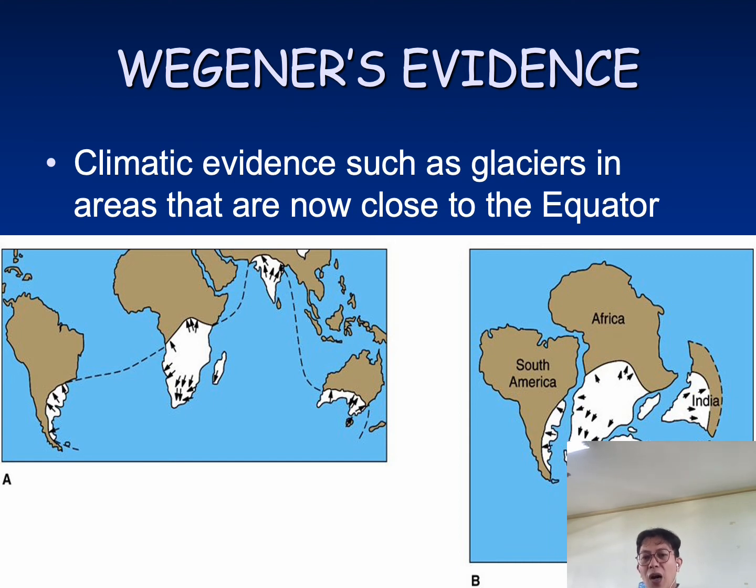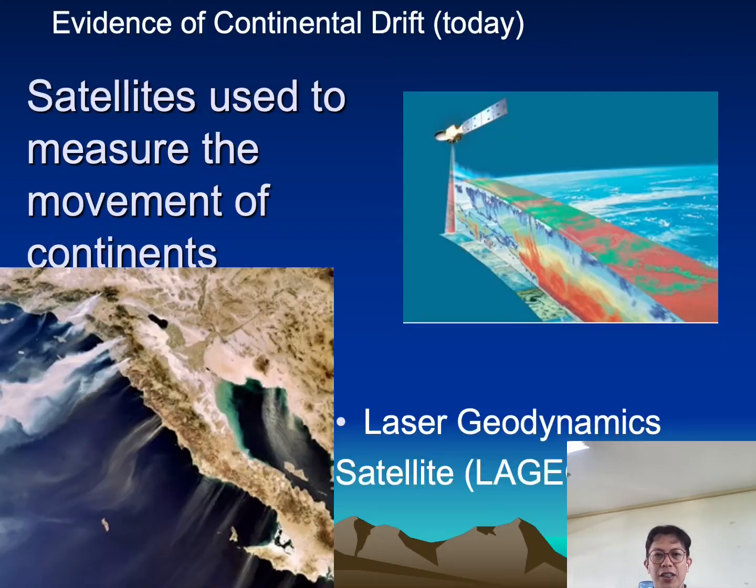So on the second illustration, if you try to fit them together, it looks like before, one landmass lang sila, Pangaea, because the pattern is the same. Yung location ng glaciers, including glacial deposits, are located in that one portion, kung i-fit mo sila together. So that's another evidence, the glaciers or glacial deposits.